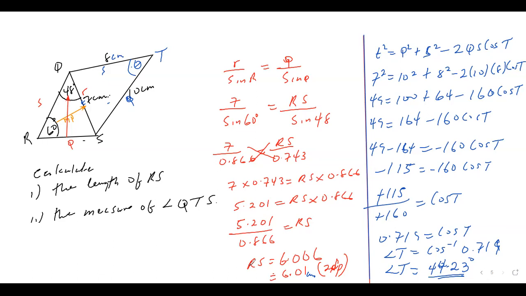Do me a favor. On your phone, just put in sine 90 degrees and tell me what you get. I want to see if it's in degrees. Sine 90. I'm seeing 1.